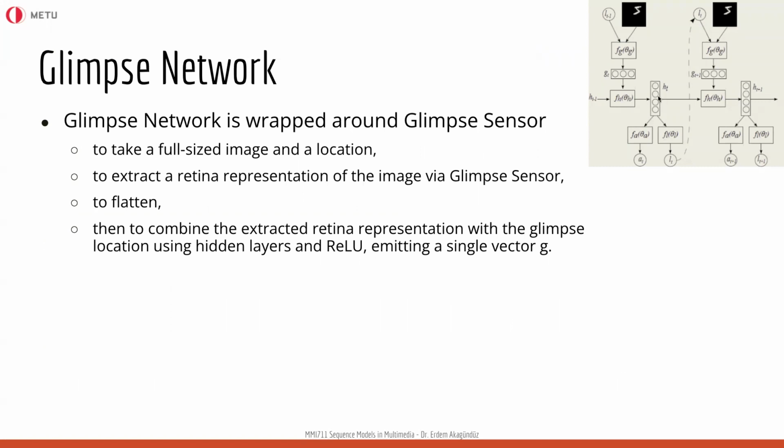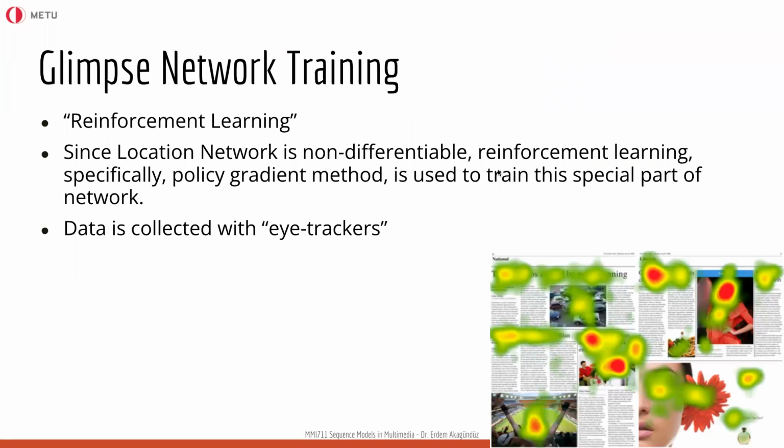These hidden layers and ReLU, the recurrent neural network, decide which part to jump to, because it's a recurrent neural network; it's something it can do. I'm not getting into the very architectural details of it, but that's the idea. In the end, it is trained by reinforcement learning and other techniques using the data of the eye trackers.